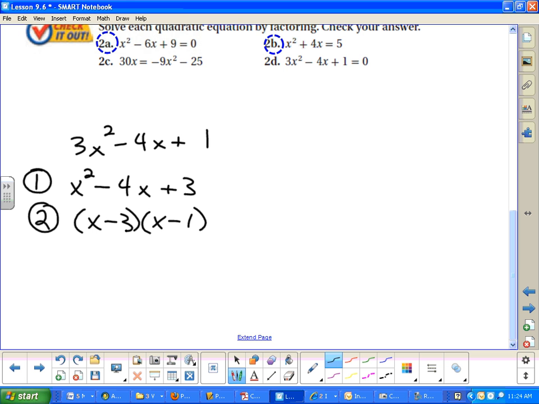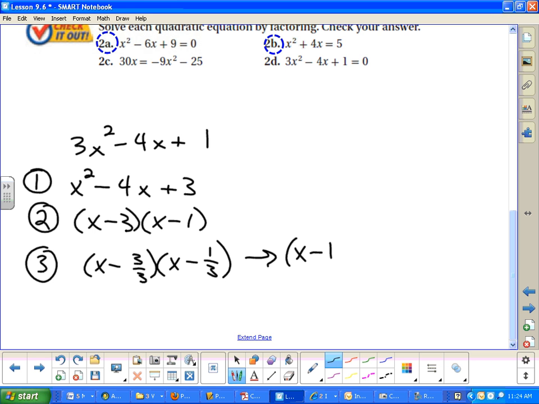You notice the 3 is positive. The 4 is negative. These two signs are the same. They're both negative in this case. So now we divide by a. Step 3, dividing by a. So we get x minus 3 over 3 and x minus 1 over 3. We said we would simplify them. Oh, look at that.